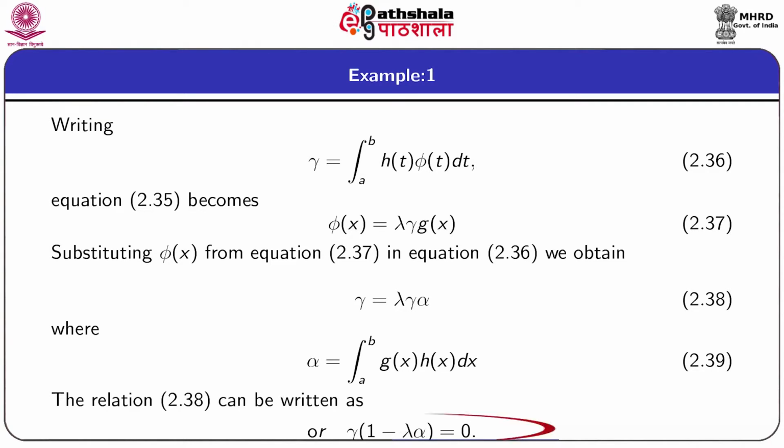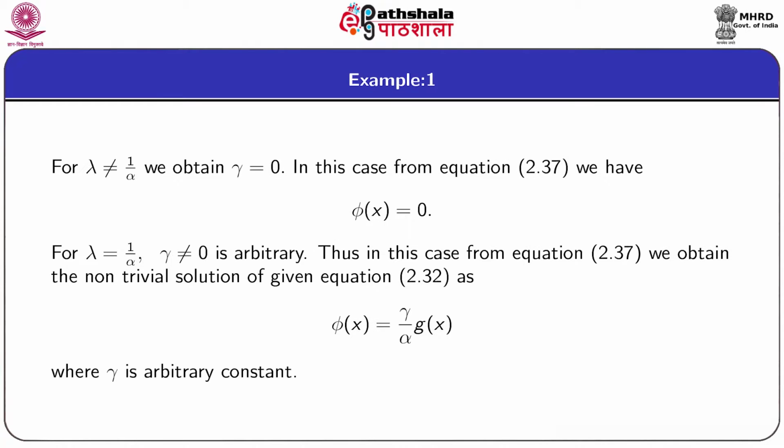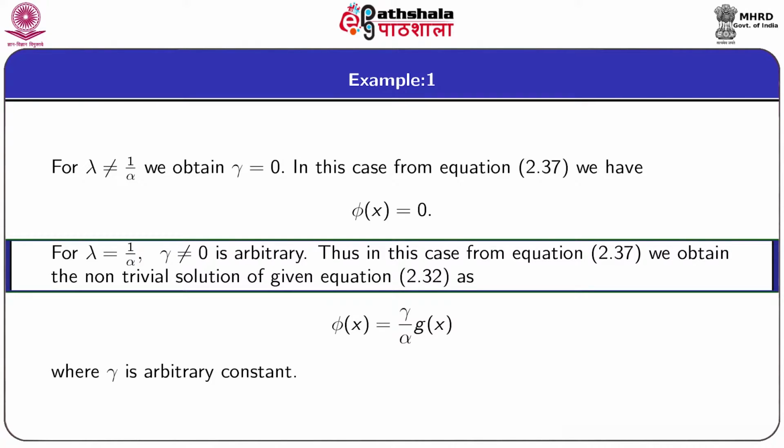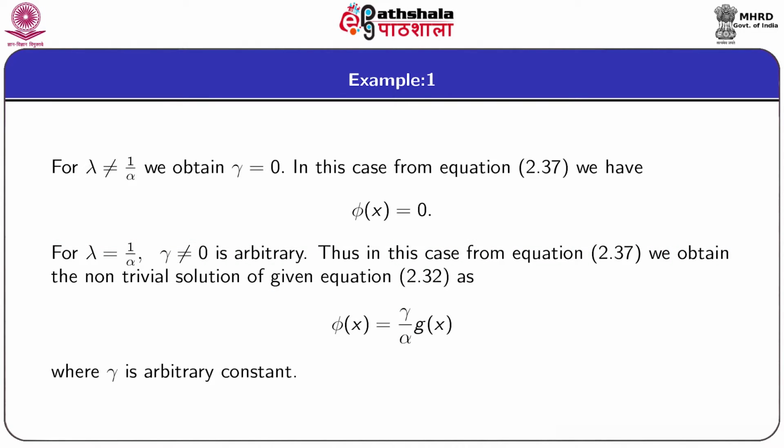If 1 minus lambda alpha is equal to 0, then gamma is not equal to 0. That means for lambda not equal to 1 by alpha, we have obtained already gamma equal to 0. But for lambda equal to 1 by alpha, gamma is not equal to 0 and it is an arbitrary constant.